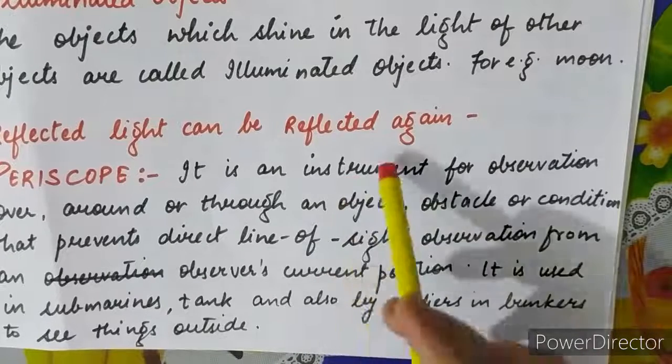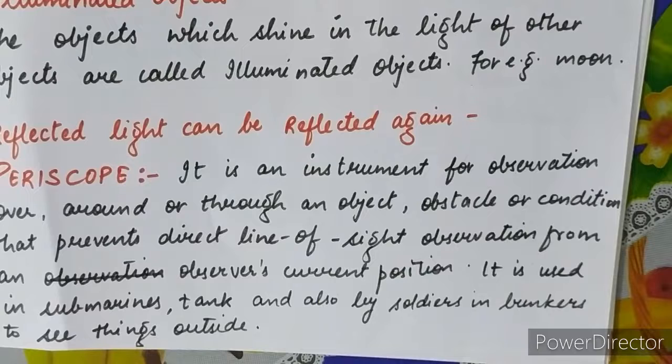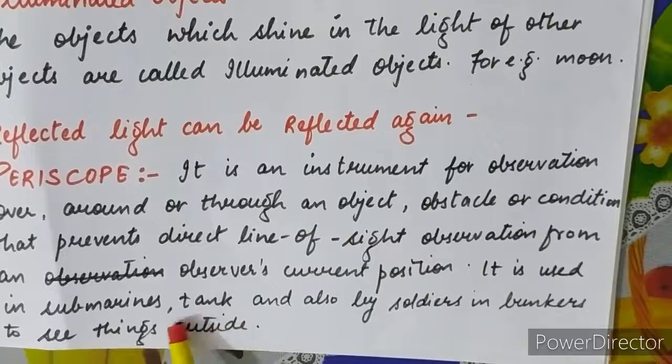This definition becomes clear with submarines or tanks. Submarines, which navy soldiers use deep inside the water, and if they want to look at what is happening around or outside, they use a periscope.